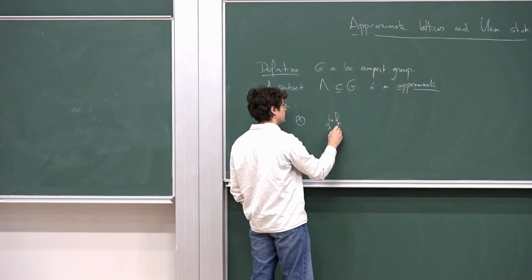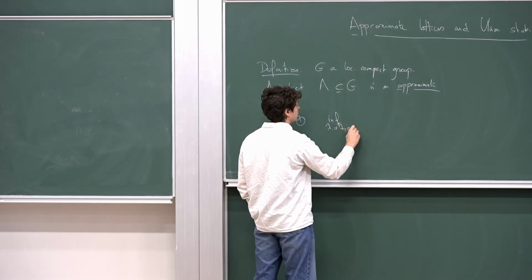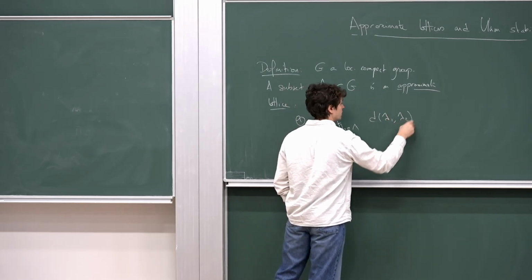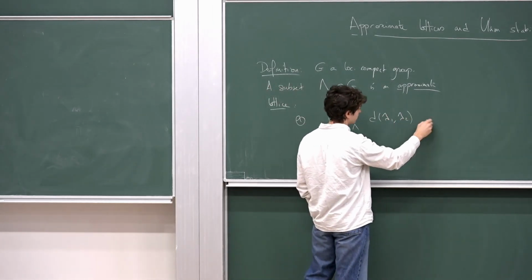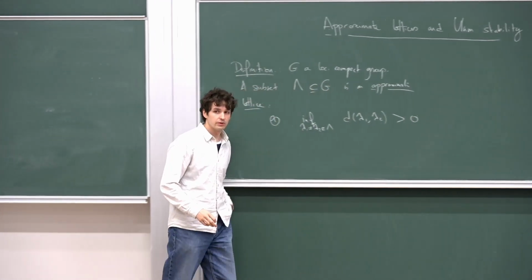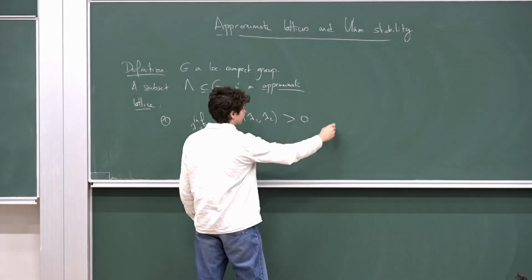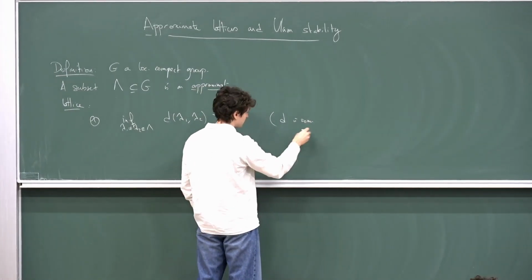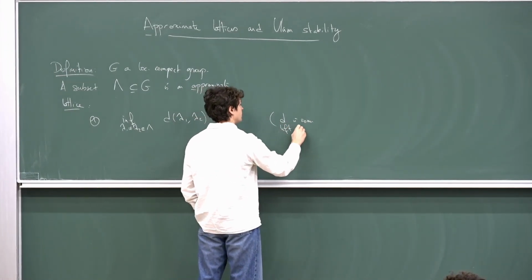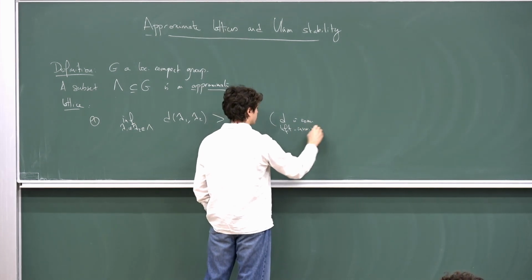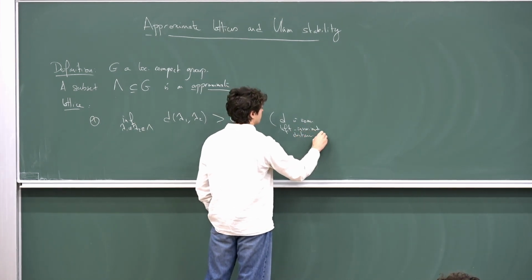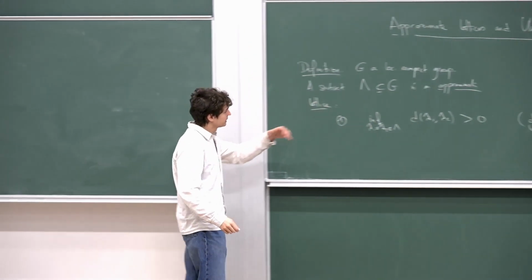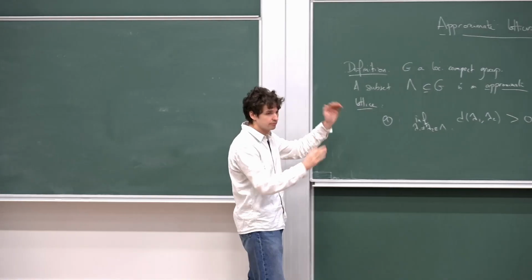So if I take two points, the infimum of the distance over all the pairs is at least some epsilon greater than 0, where here I'm imagining that d is some compatible left invariant distance on G. Maybe here I'm restricting the case a bit, but that's just a good way to look at it.